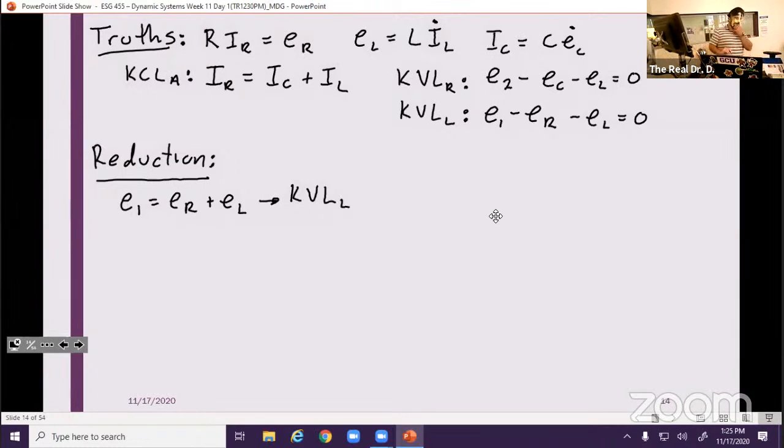And I'm going to start plugging things in here, right? First of all, I've got this. And that doesn't look super helpful up front, right?